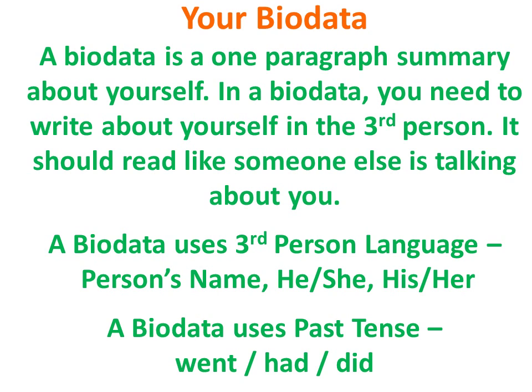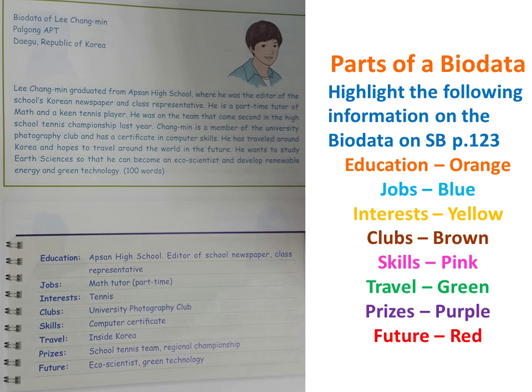Okay, let's get started. I want you to go to student book page 123, and we're going to look at an example of a biodata, and I want you to go through and highlight the following information. So you can see at the bottom there is an outline of his biodata.